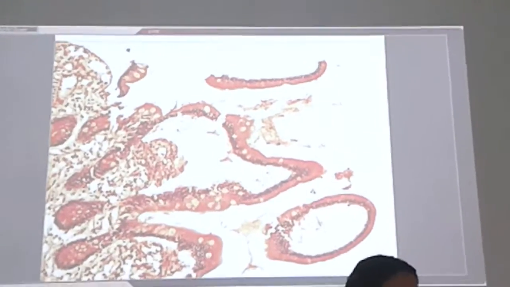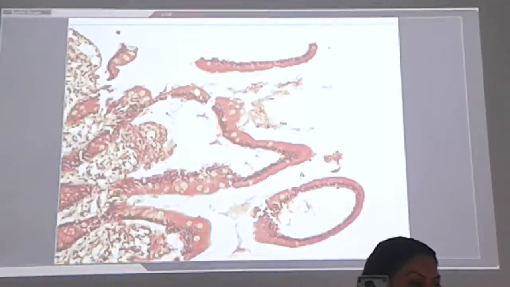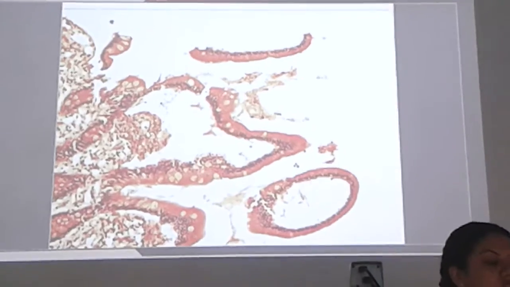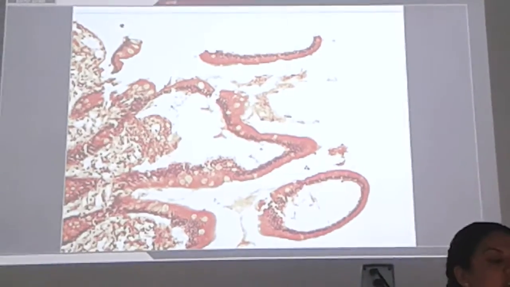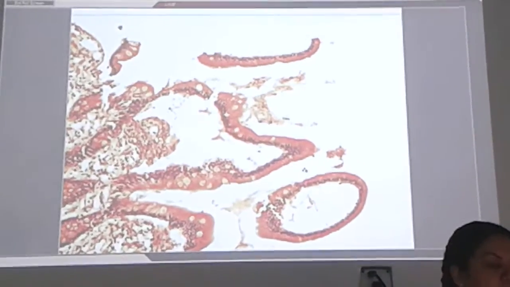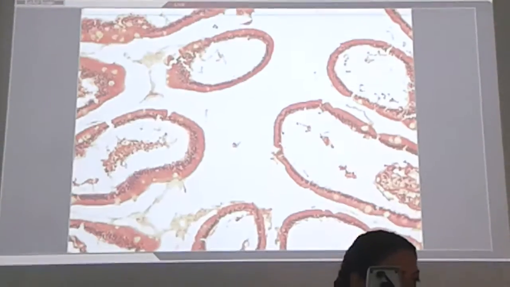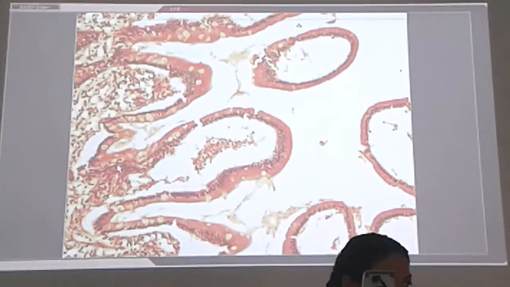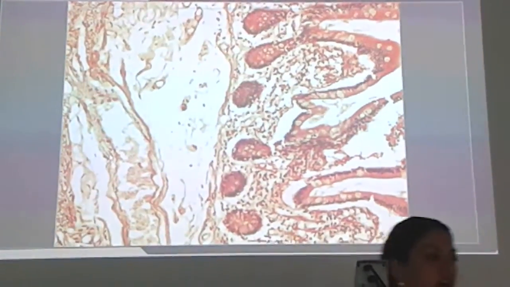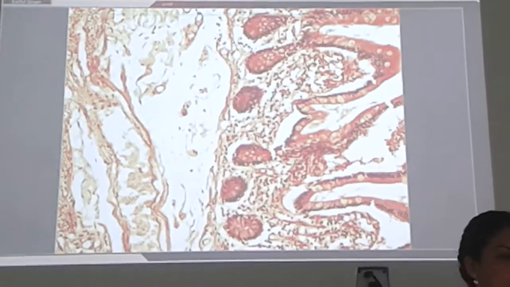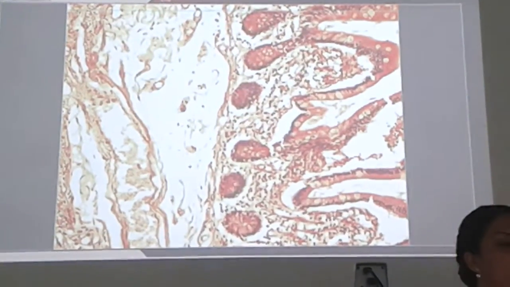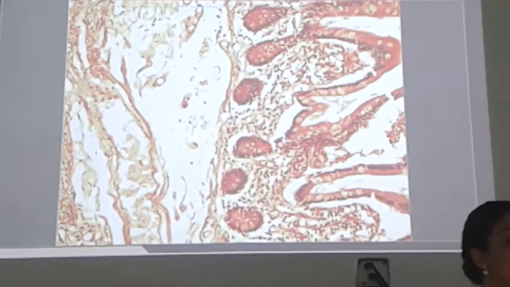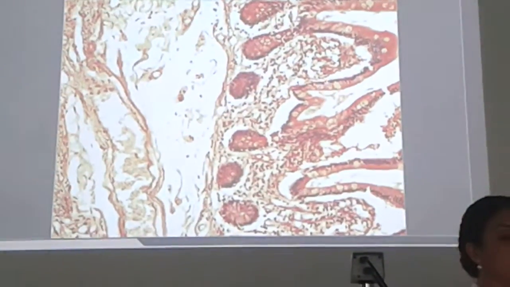Alright, so this is the villus, and the core of the villus is again filled with lamina propria. And I have mentioned this in my first slide. What are these? I am still in the mucosa, and these are again foldings of this mucosa.